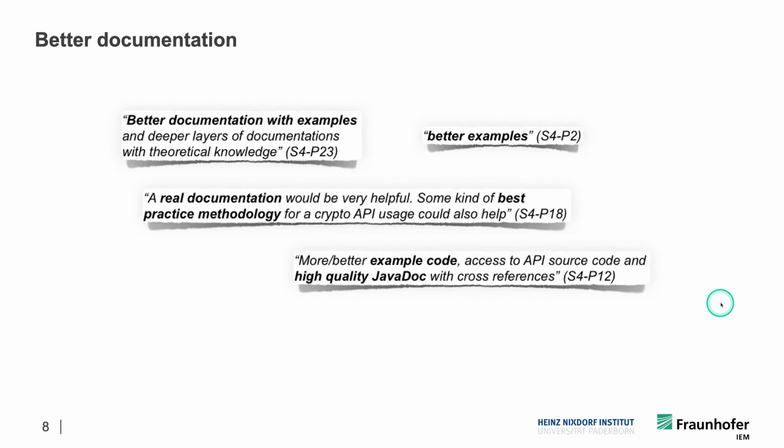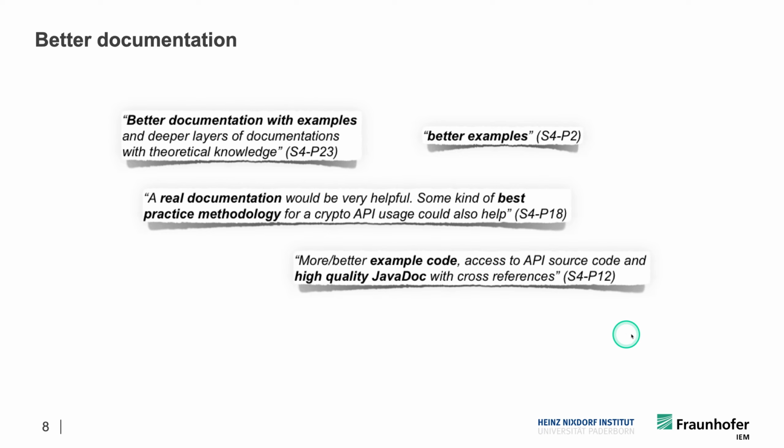And one thing that they said was, okay, better documentation would really be important. So they wanted to have better documentation with examples. In particular, as you can also see here, examples were mentioned quite frequently. Then they wanted to have best practices and high-quality Javadoc and so on.